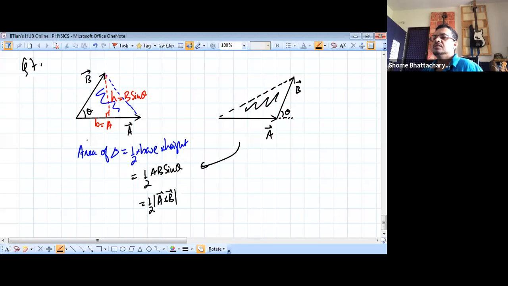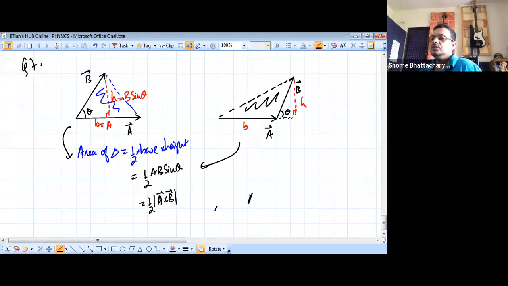Both these triangles have the same area, because here also the height of this triangle is the same. This is the height and this is the base. So while they are different triangles, they'll have the same area.